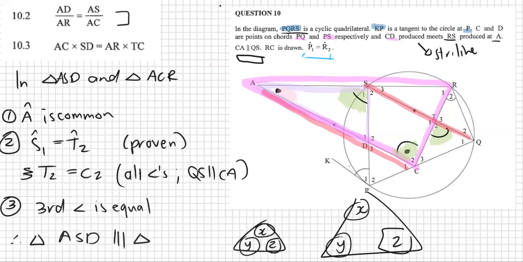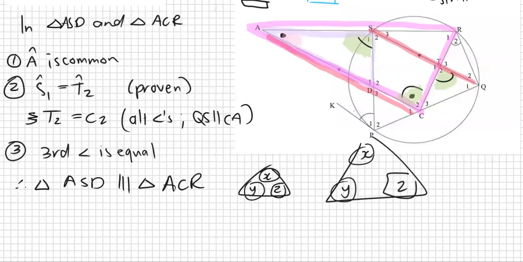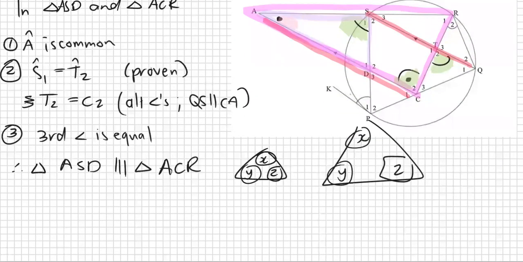So ACR: we started on A on this side, and then S was the same as C, so C, and then the third one is R. Now we can do all our proportions. The hardest part in this is to choose the correct triangles. As long as you get the order correct, AS over AC is going to be equal to SD over CR, which is going to be equal to AD over AR.